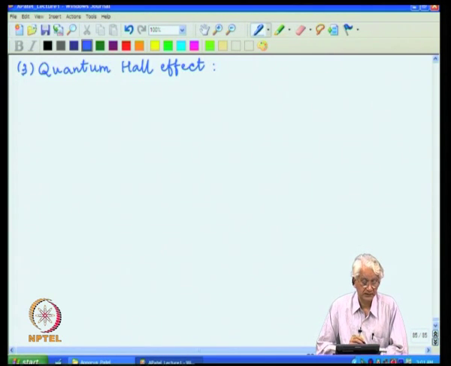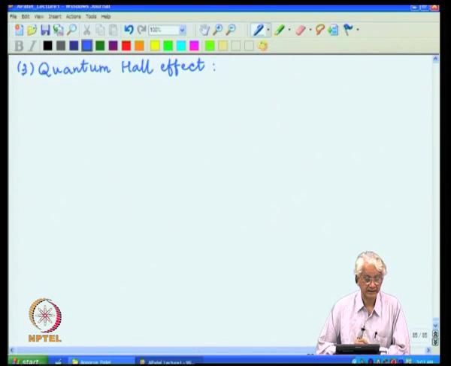This is a behavior of a two-dimensional gas of electrons subjected to a strong magnetic field, and that results in a particular behavior of the conductivity, and one sees different features at different so-called filling fractions, which describe how many electrons exist in the conduction band compared to a specific density given in terms of Landau level physics.